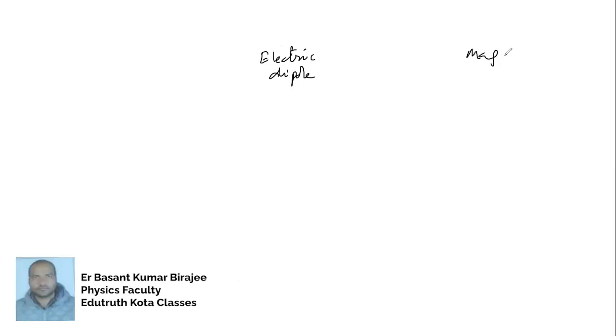Electric field. Next quantity: again here we have an electric dipole, and here we have a magnetic dipole or a current carrying loop in a uniform magnetic field.